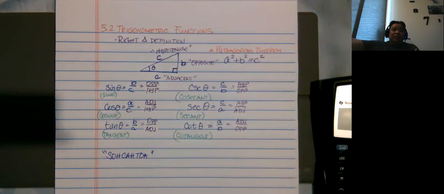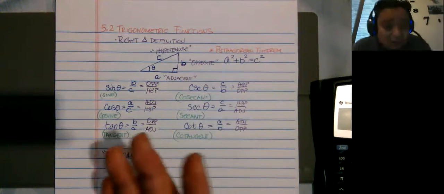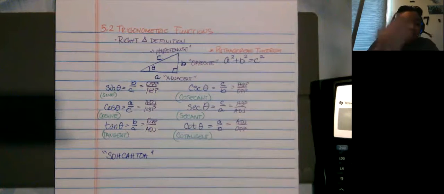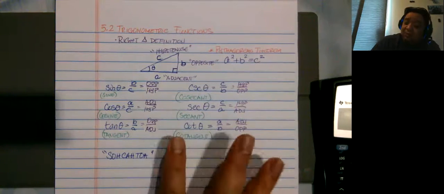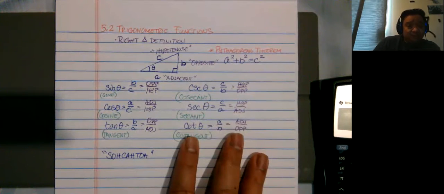But to do that, you need to know which side is given and which one you're looking for, and based off of that, it will tell you which trig function to actually use to set up your equation. So how do you know which trig function you use? Well, it depends on which sides are given. Again, that's looking ahead, but that is one of the reasons why you're going to have to memorize these definitions.